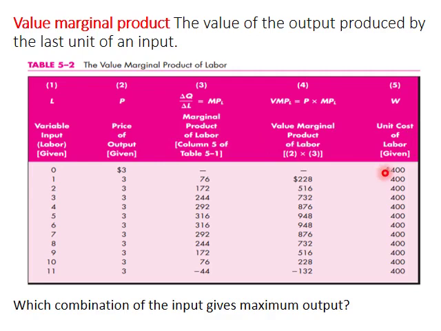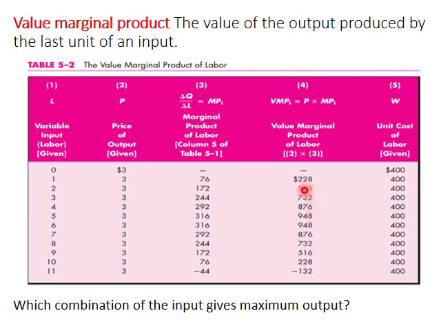So, as we add more and more variable inputs, that's labor, with a unit cost of 400, the marginal product of labor increases, and ultimately it becomes negative. So here we need to compare the value of the marginal product of labor, that means the value which is obtained from the additional labor, the value which is obtained from the last labor.